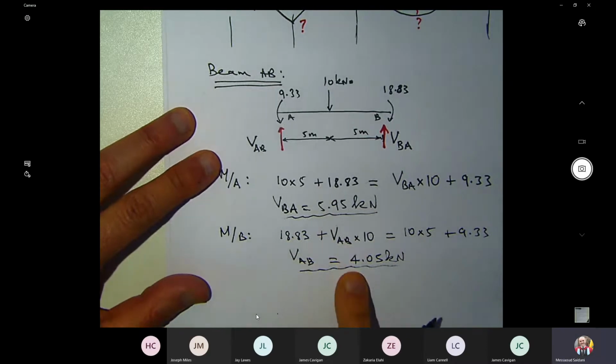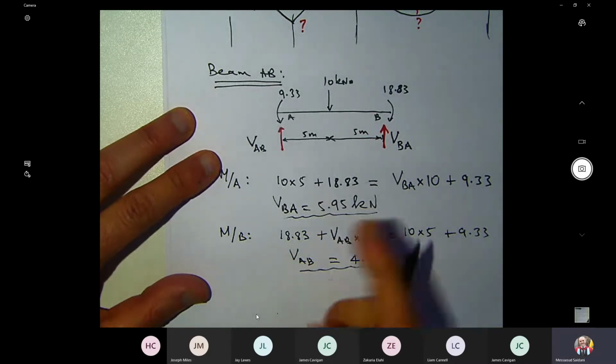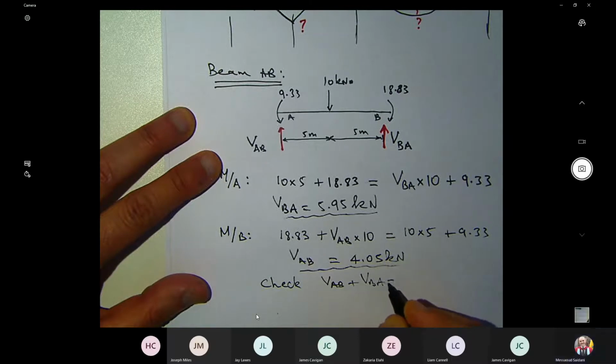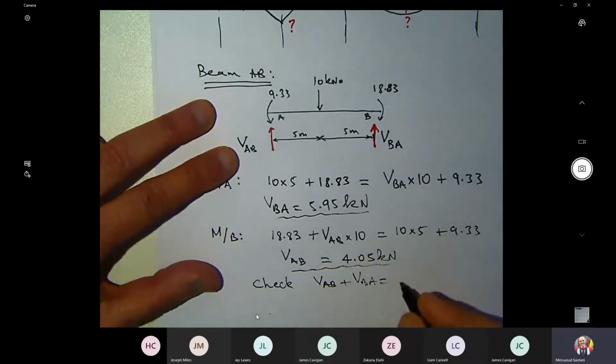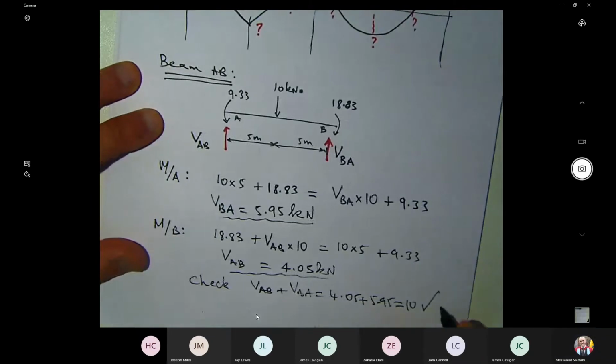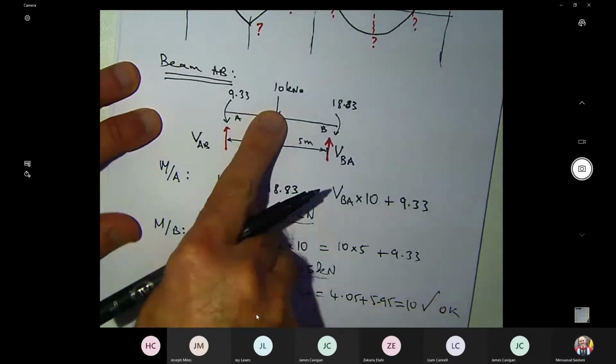And you see here what I've said earlier about adding them up? When you add them up, okay, check VAB plus VBA equals 4.05 plus 5.95 equals 10, and that is 10 here.